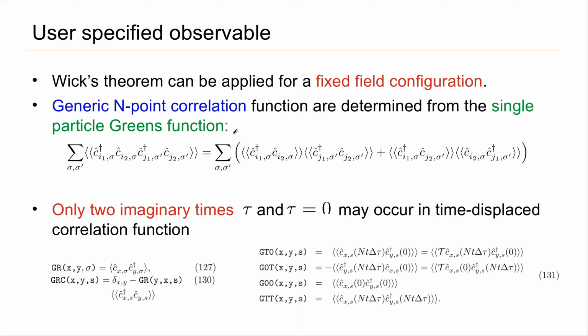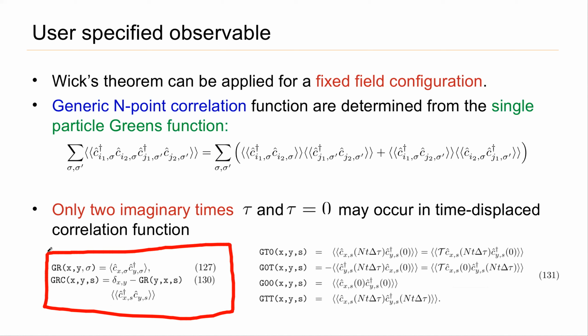And this means that any generic n-point correlation function for equal times can be readily computed out of the single particle Green's function. And I will show you in a second. Actually, I already have it here, the definition of the equal time Green's functions that are provided in the observe routine.